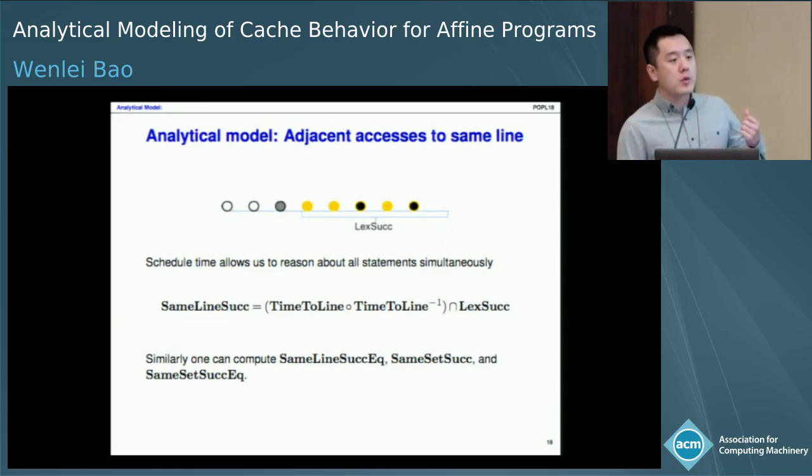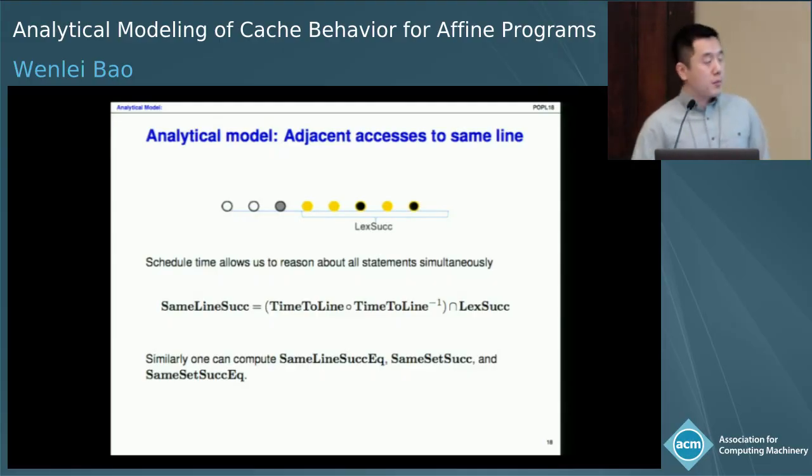It removes the previous points that happen lexicographically before the gray point, as shown in the third one. So the yellow and the gray points are the same-line successor points, which can be obtained by this formulation. Similarly, you can get the same-line successor-or-equal, which includes itself, and also for the same set.